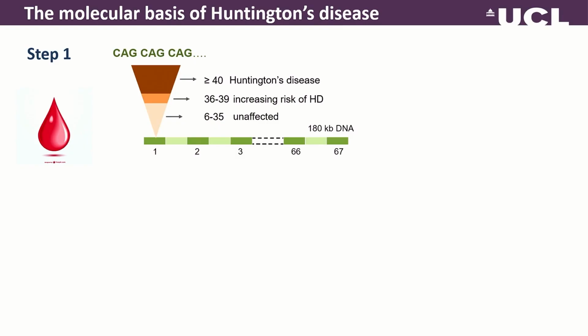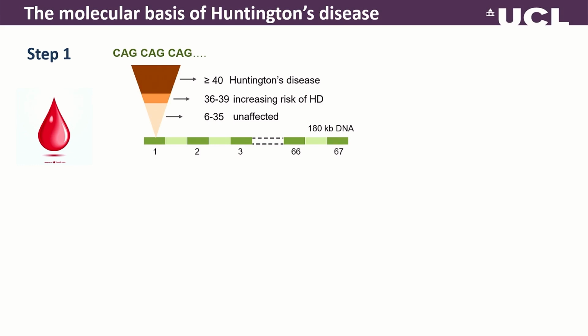As you all know, the CAG is at the beginning of the Huntington's disease gene. When we measure the size of that in blood, if you have 35 or less, you will not develop Huntington's disease. 40 or more within normal lifespan will lead to the disease. And then there's an increasing risk of developing the disease with CAG repeats of 36 to 39.